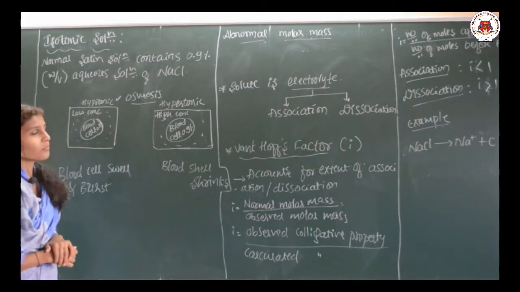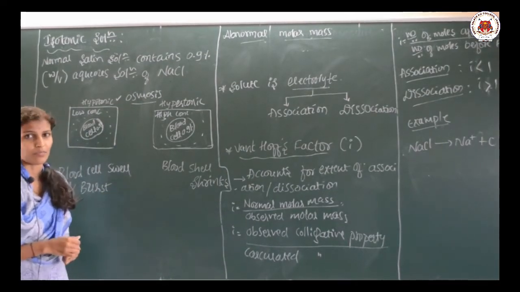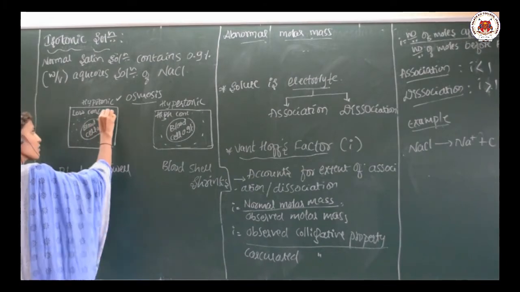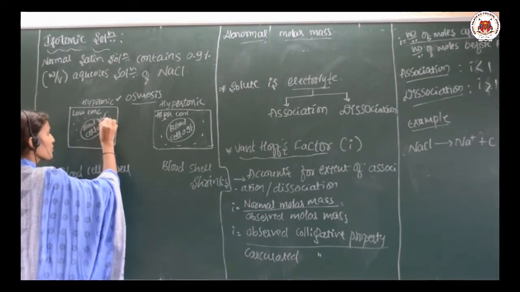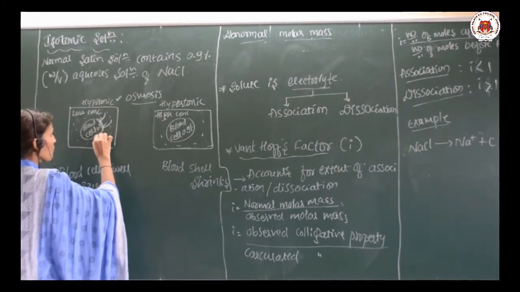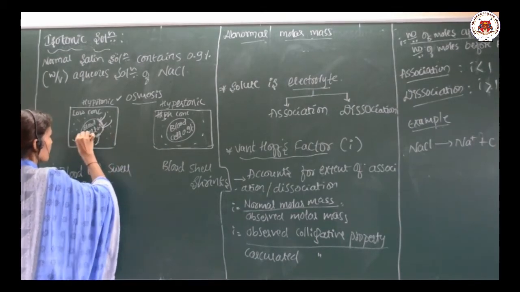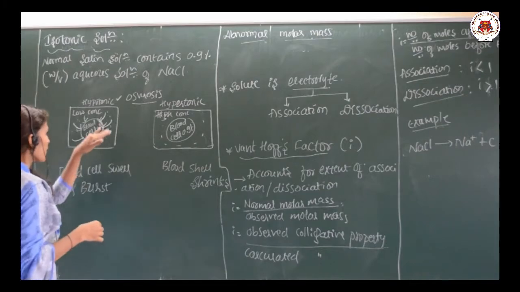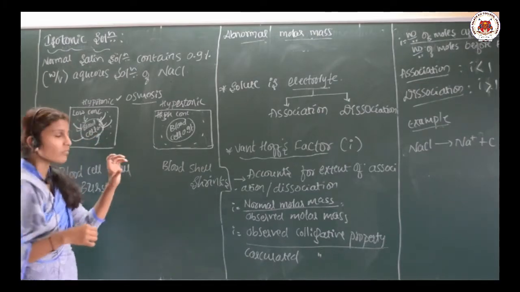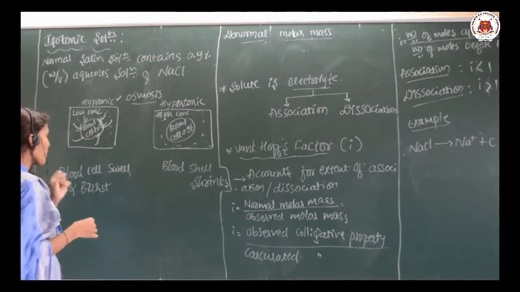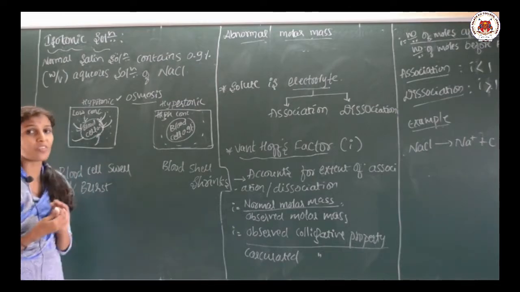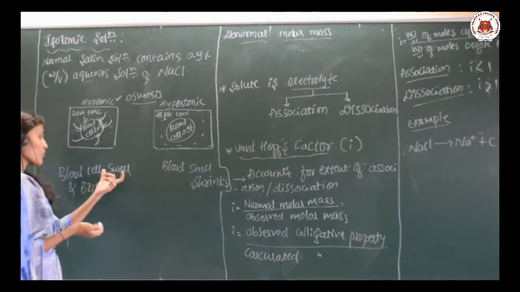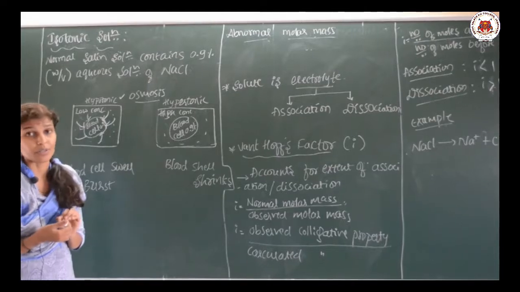The movement of particles from low concentration to higher concentration. Like this, the solvent will get inside the blood cell. What happens? The blood cell will swell and it will burst.